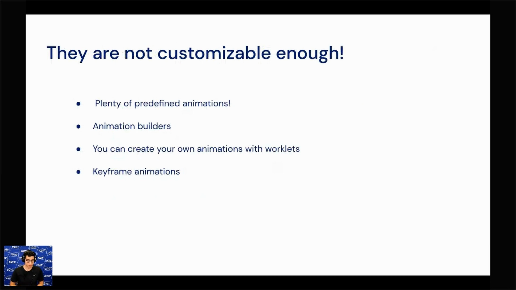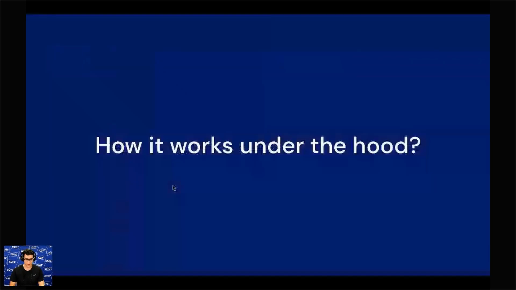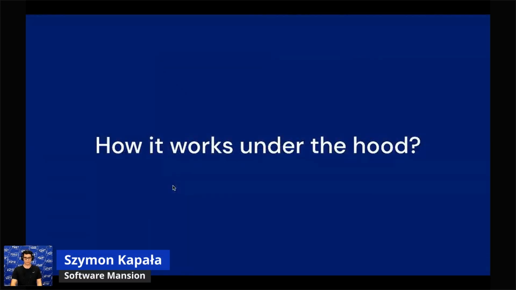And we did our best to make it better. So the first thing, we have a lot of predefined animations. The next one, we are using animation builder, so you can even modify them as you want. The next thing, you can create your own custom animations with worklets, and we even provide an easier API for that, keyframes feature. Yeah, and that's all. So let's talk about how it works under the hood.